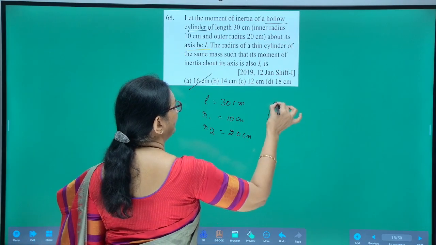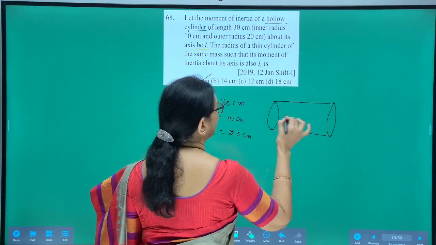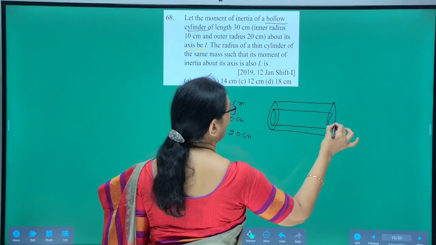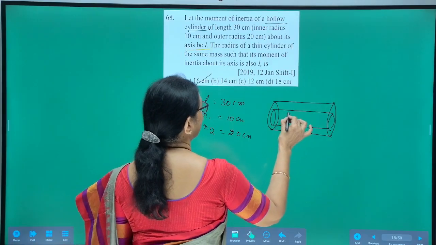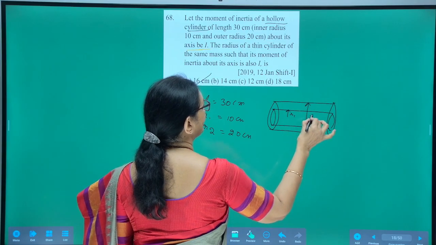So, the moment of inertia of a cylinder in this case is like this. There is a hole across its length, right. So, inner radius is given as R1 and outer radius is given as R2.